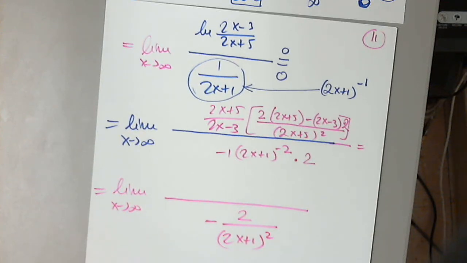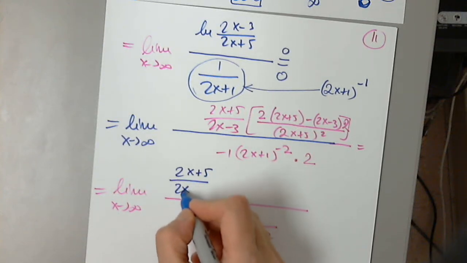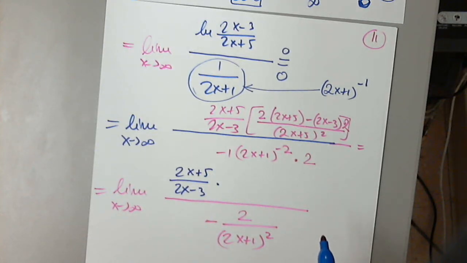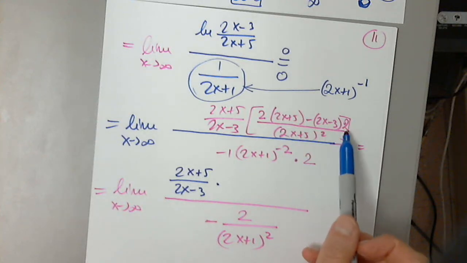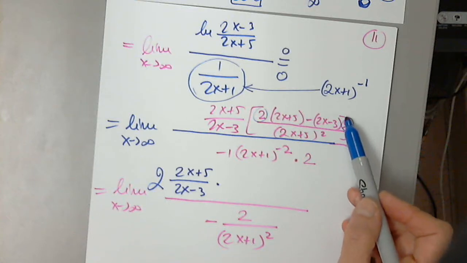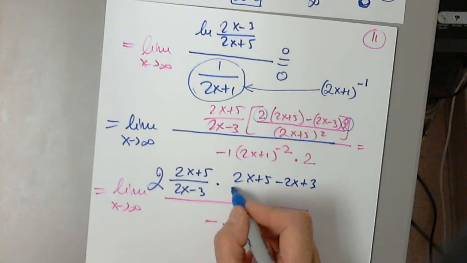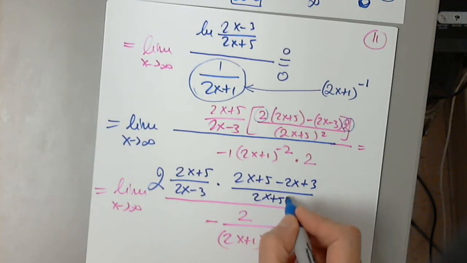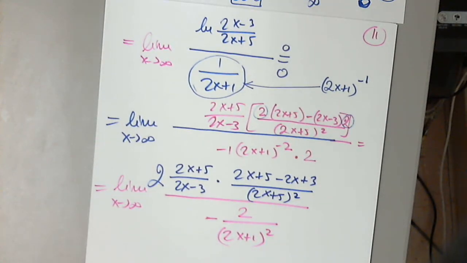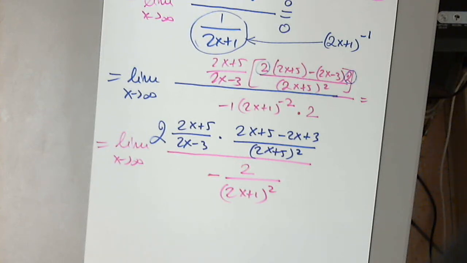And now piece by piece, let's work on the numerator. So we have 2x plus 5 over 2x minus 3 times, I want to pull a 2 in front from here. And then I have 2x plus 5 minus 2x plus 3 over 2x plus 5 squared. We're not far. Few more steps.